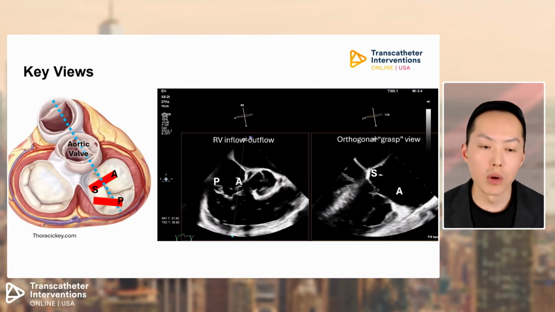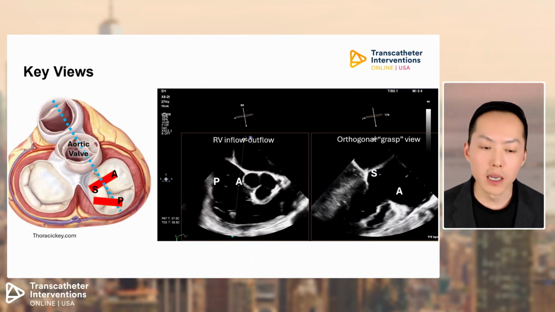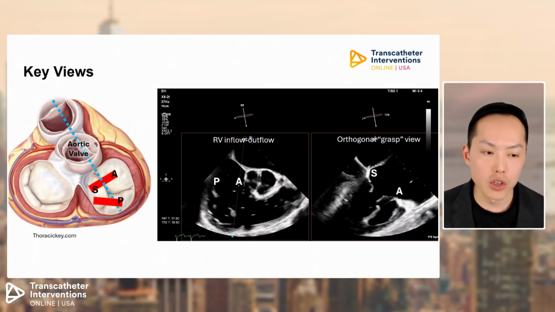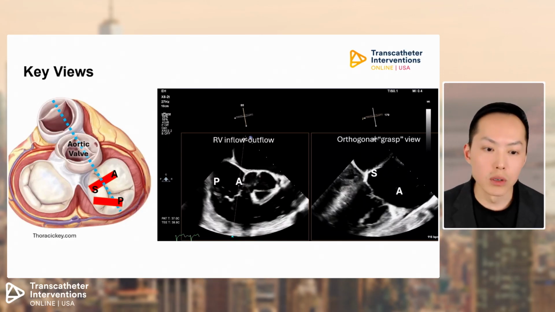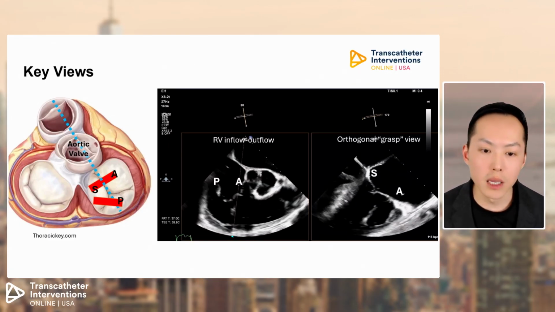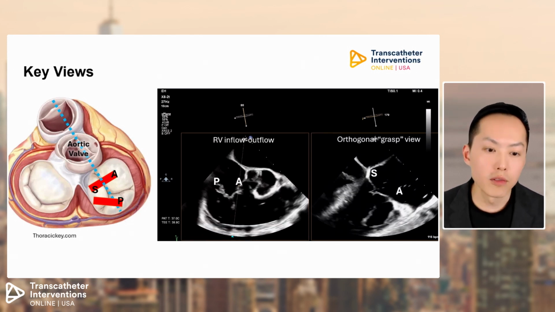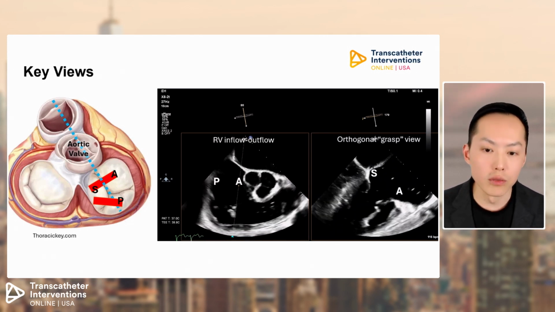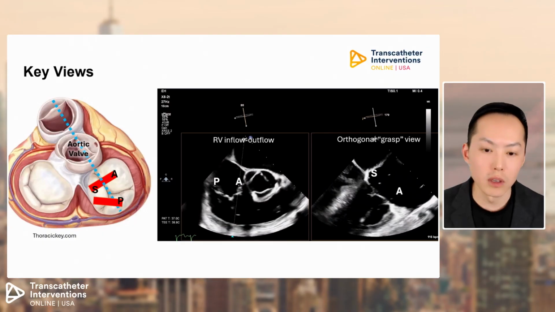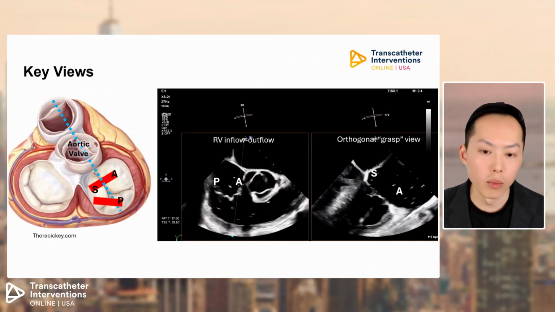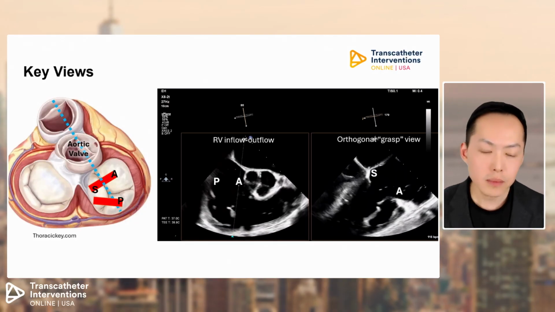This is what we often call the inflow-outflow biplane. On that anatomic illustration on the left, we're generating a primary image plane that's approximately parallel to the septal leaflet. From there, we generate an orthogonal view that shows us the septal leaflet and the opposing leaflet, whether anterior or posterior, depending on what we're targeting at that time.